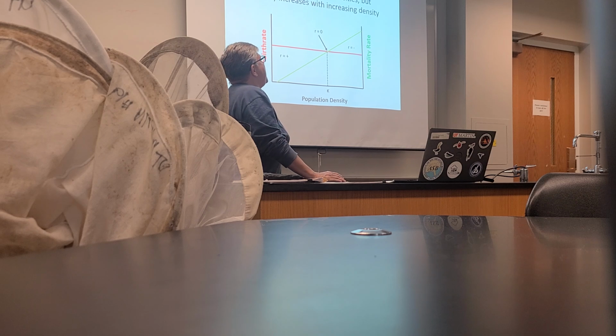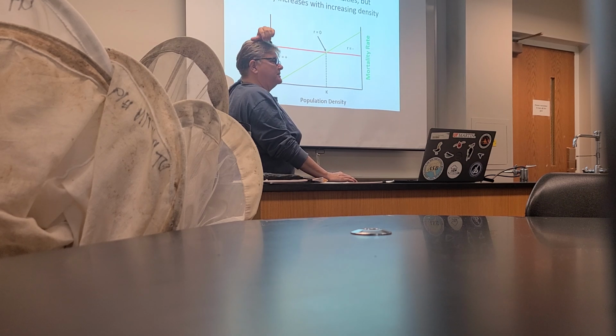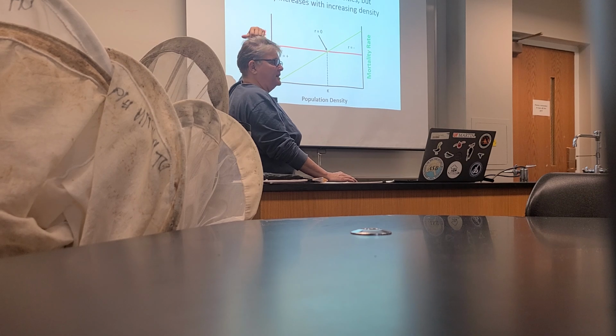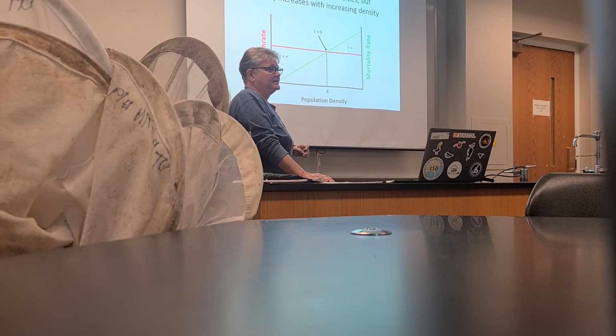All right. Along with just getting these lines on here properly for this particular model, where we hold birth rate constant and allow mortality to change with density, I want you to be able to label what R is, what the growth rate is at different points in the model.